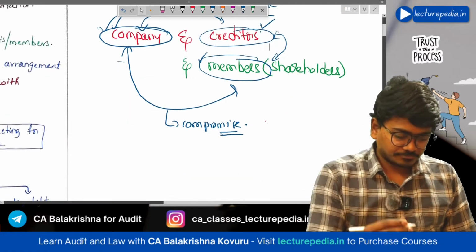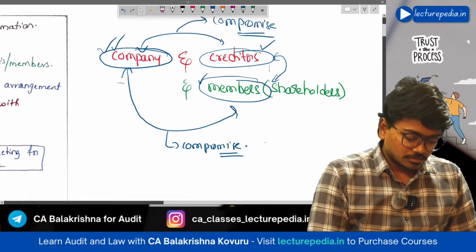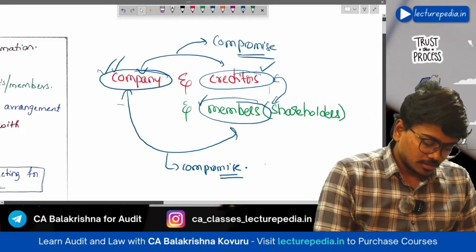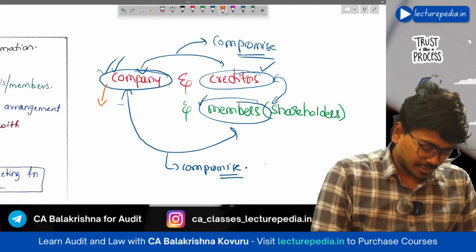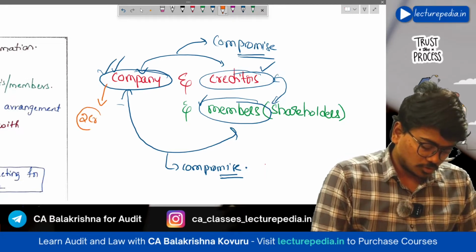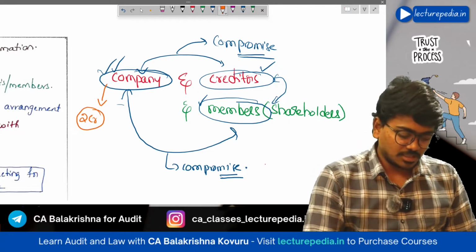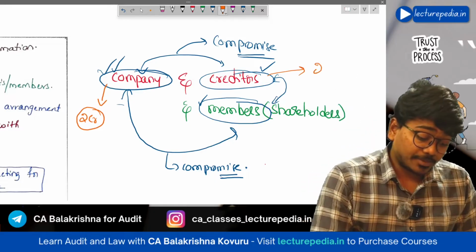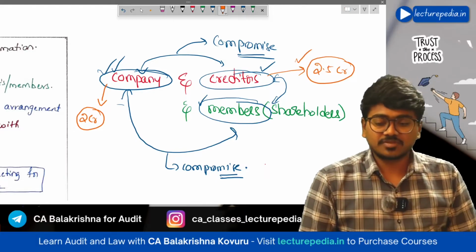Let's say, for example, in the books of accounts of the company, it is showing that the company has to pay 2 crores to creditors. But creditors are saying that the company has to pay 2.5 crore as per the records of the creditors.